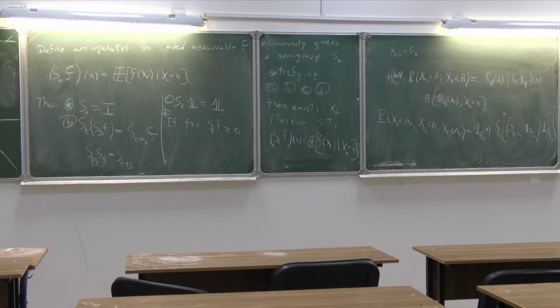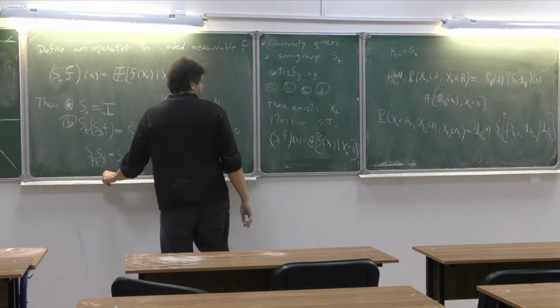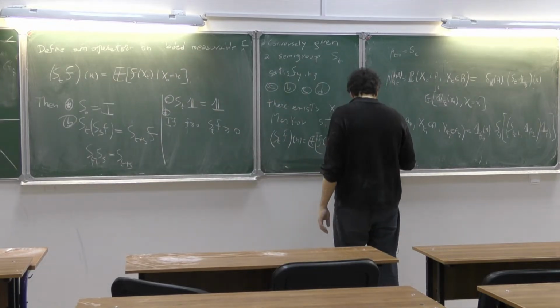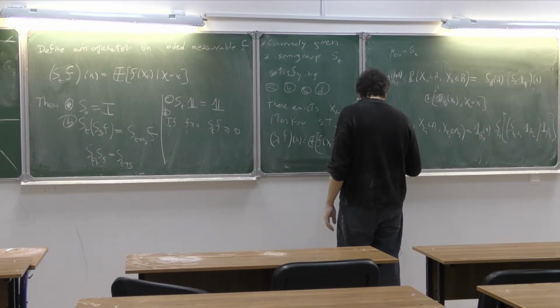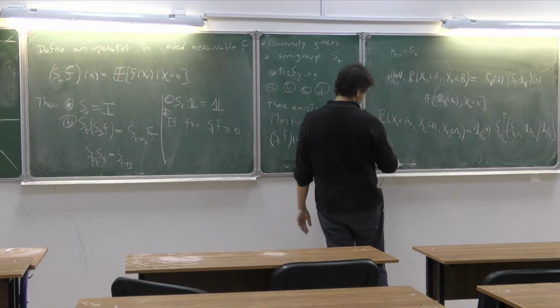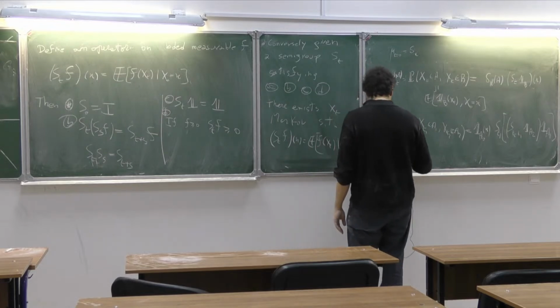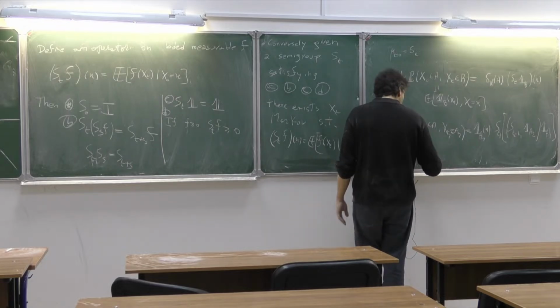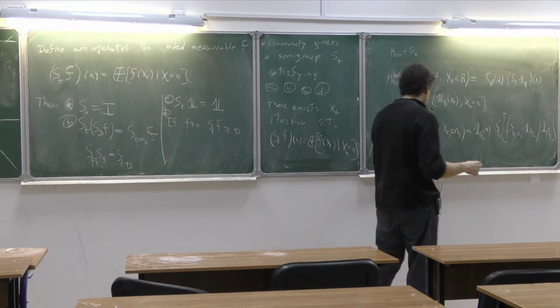You want me to write it? So if I want to define mu at 0, t1, ..., tn, I take them ordered this time, with sets A0, A1, ..., An. It's just my definition. You give me the semigroup, I define this thing.